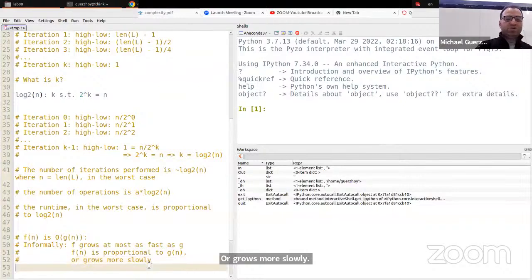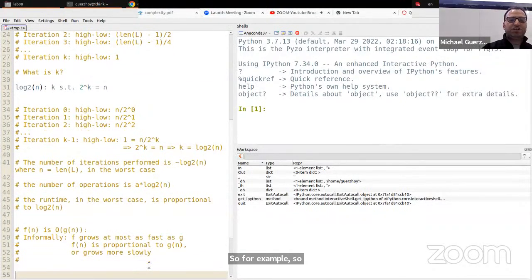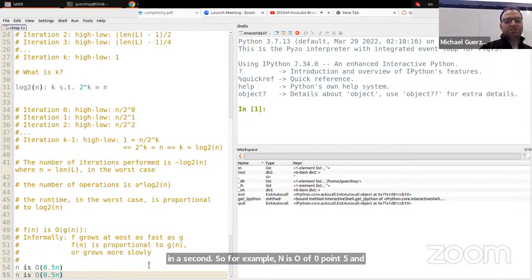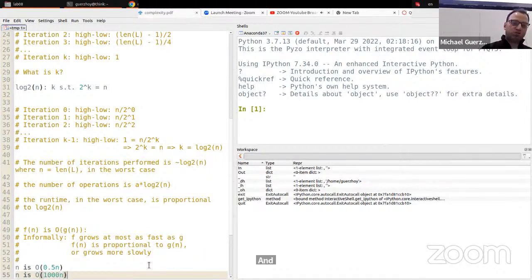We'll give a rigorous definition in a second. For example, n is O of 0.5n because those are proportional. And similarly, n is O of 1000n because those are also proportional.